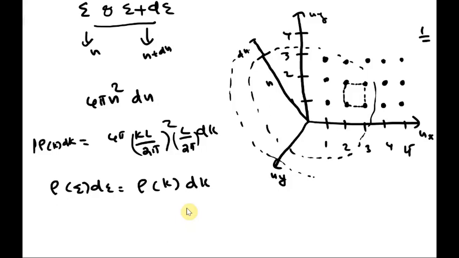Our aim is to find rho of E, and for doing that, this quantity I already obtained. This is going to be 4 pi k. I'll modify this expression a little bit: I can take L by 2 pi whole cube and k square dk.